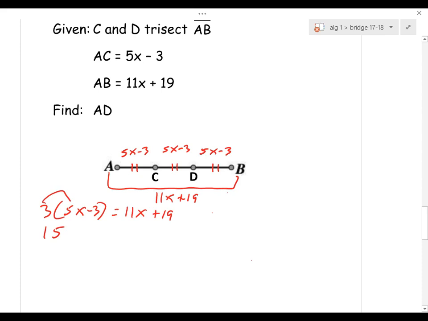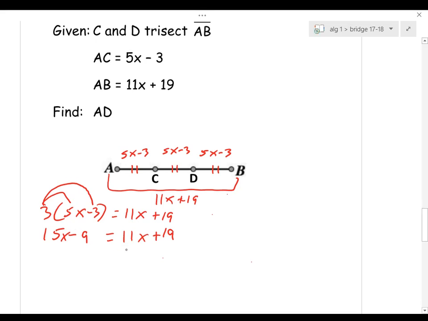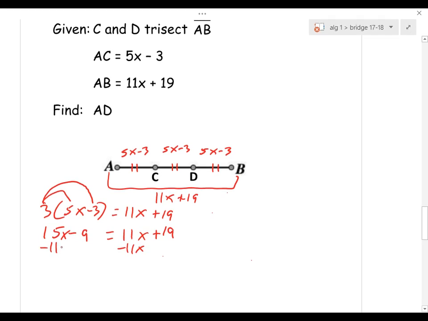And negative 3 and negative 3 and negative 3 is negative 9, which is the same as 3 times negative 3. And that equals 11x plus 19. So I'm going to keep my biggest x, which is the 15x, and subtract 11x from both sides. So I have 4x minus 9 equals 19.